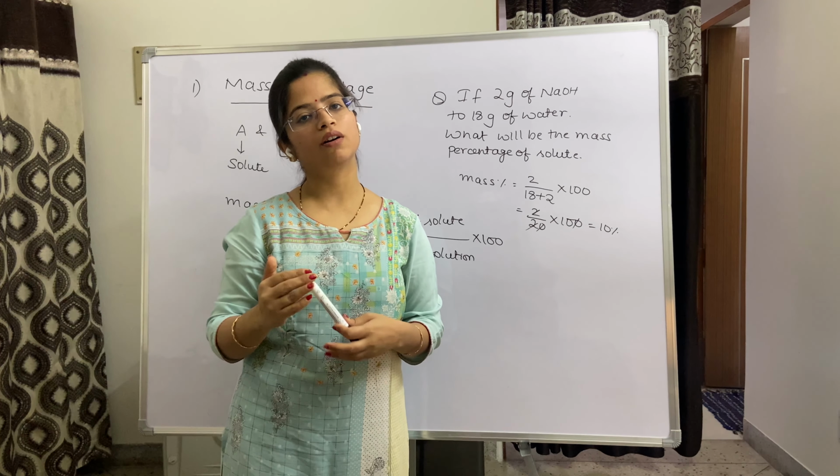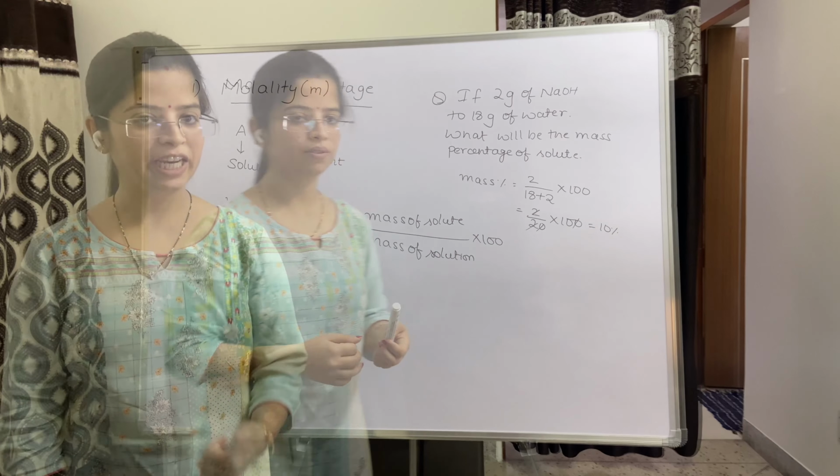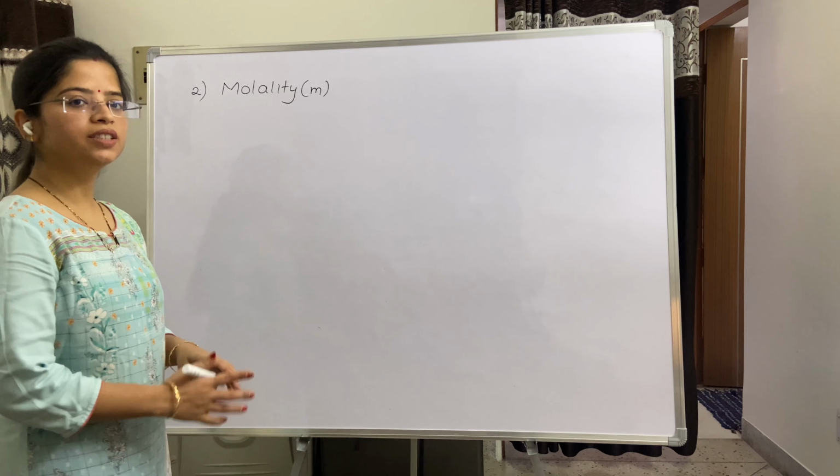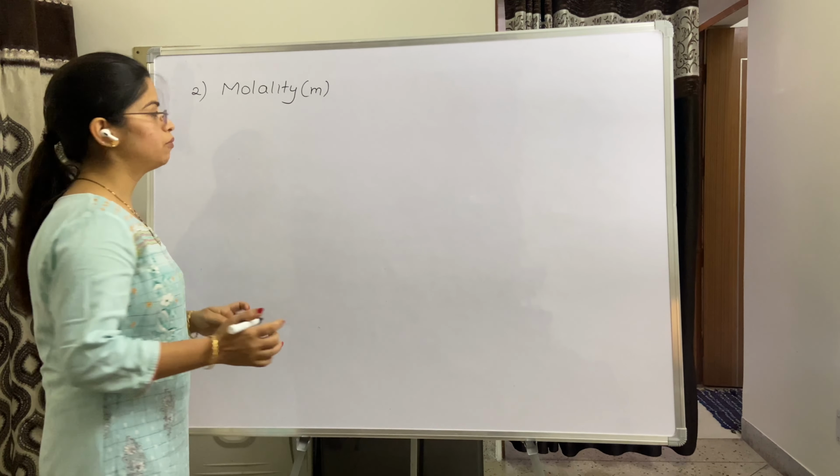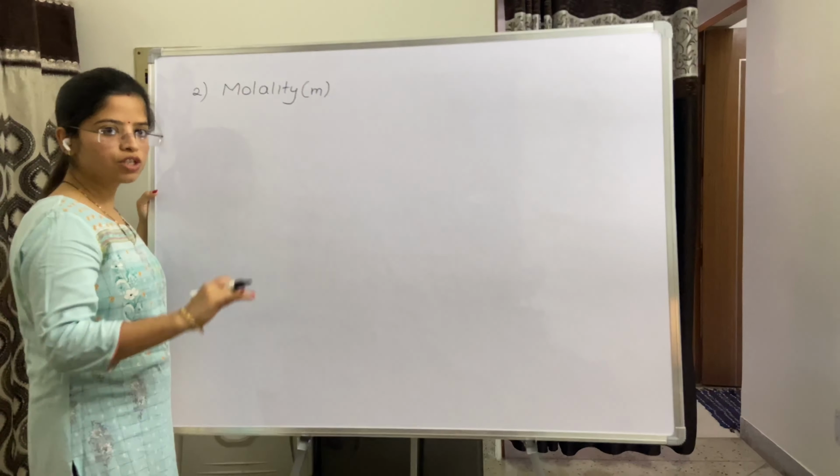Now we'll continue with the second method. The second method by which we can express the concentration of the solution is molality. Molality can be expressed as small m also.